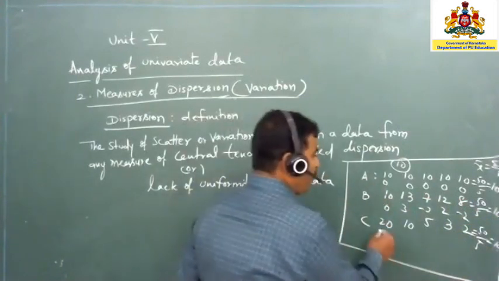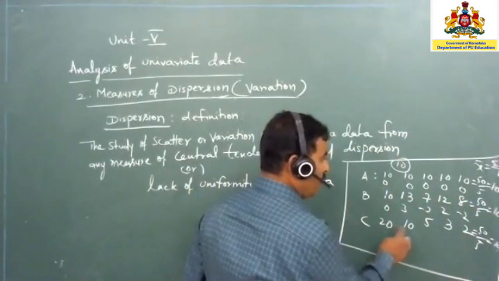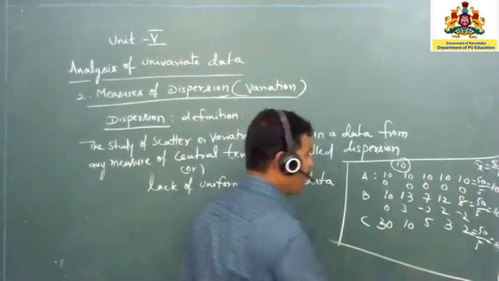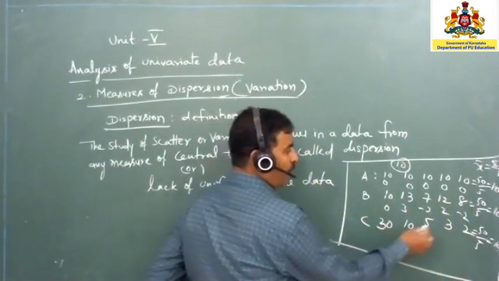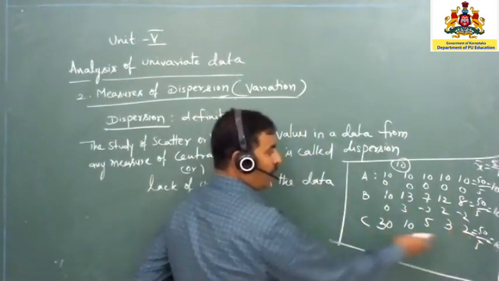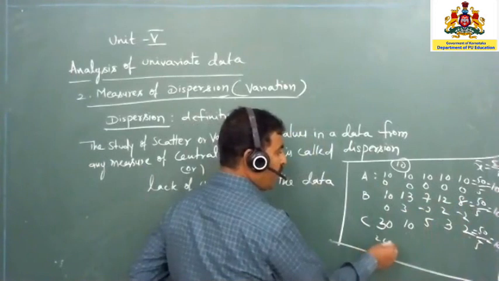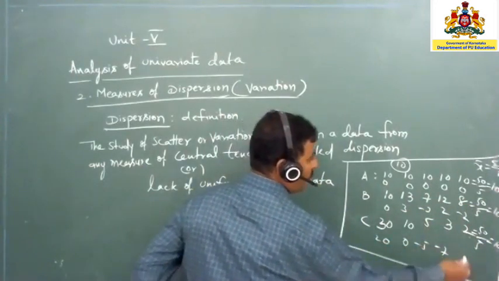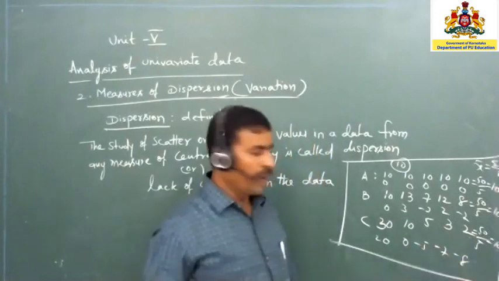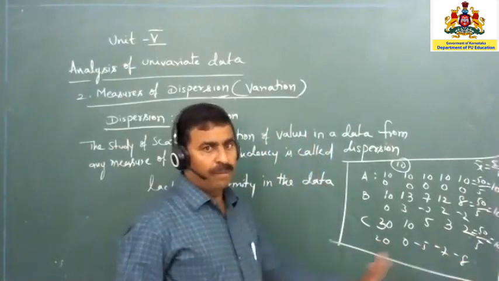In C, too much difference is there. Observations are 30, 10, 5, 3, 2. The total is 50. The differences are 20, 0, minus 5, minus 7, minus 8, minus 8. Too much difference is there.